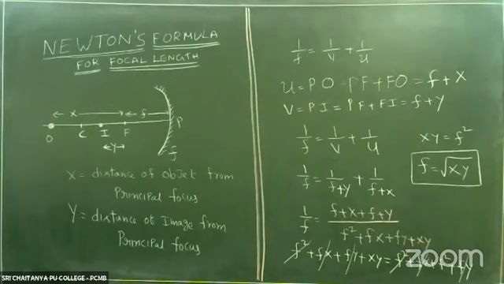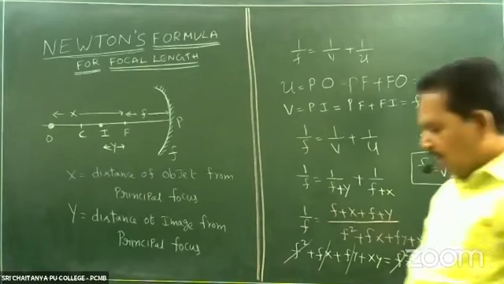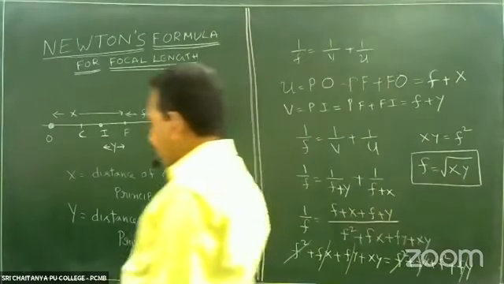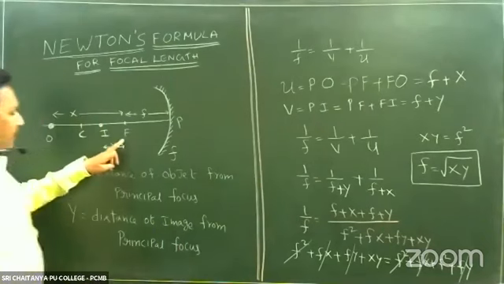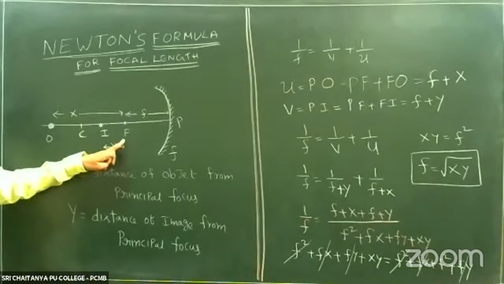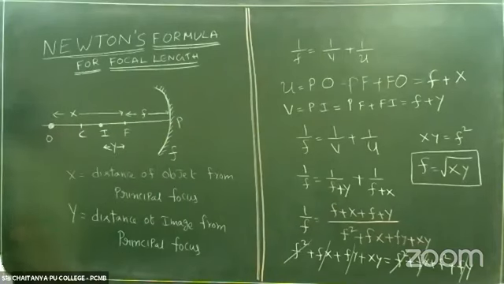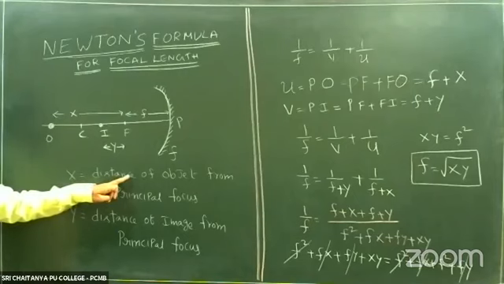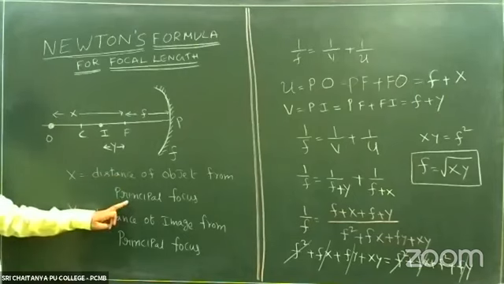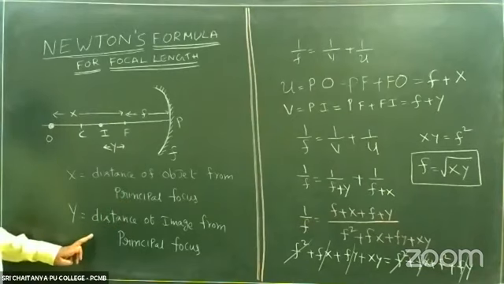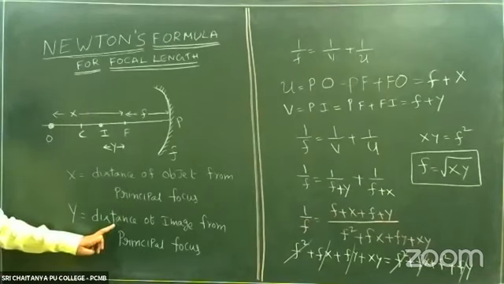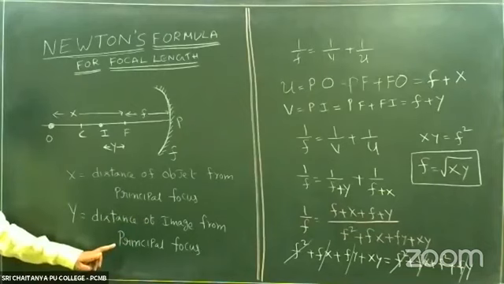Go through this clearly. In this concept, x and y are the distances measured from the principal focus, not from the pole of the mirror. x is the distance of the object from the principal focus. y is the distance of the image from the principal focus.